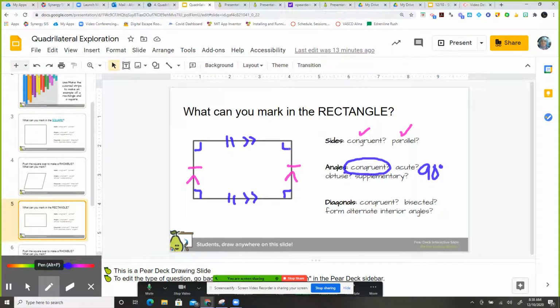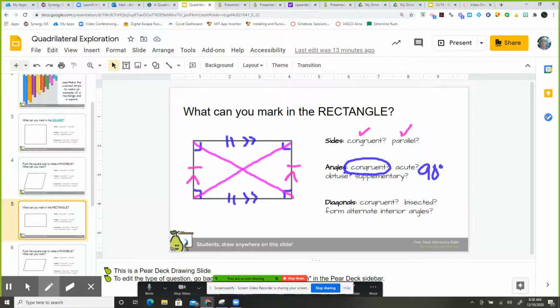Sometimes these angle legs don't work out exactly the way you want them to. So these diagonals have to be congruent because those are the supports that are going to make those angles stay right. So the diagonals are definitely congruent. They've also been bisected. So anytime you have right angles, you have bisected diagonals.